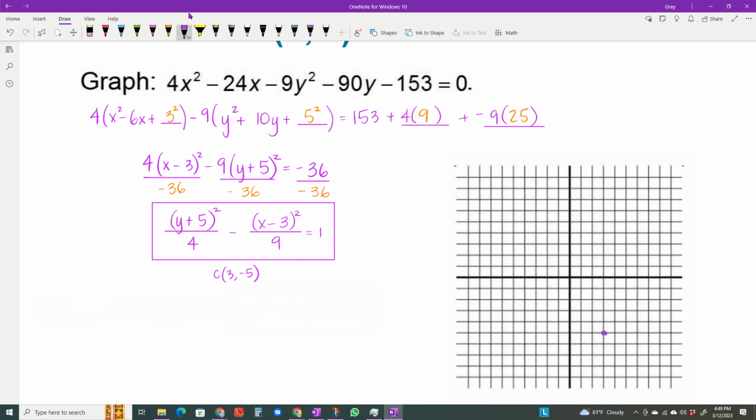Okay. And I have to graph it. So in the y direction, I'm going up and down the square root of 4, which is 2. Up and down 2. And in the x direction, I'm going 3. I'm just using it to be able to draw my box.